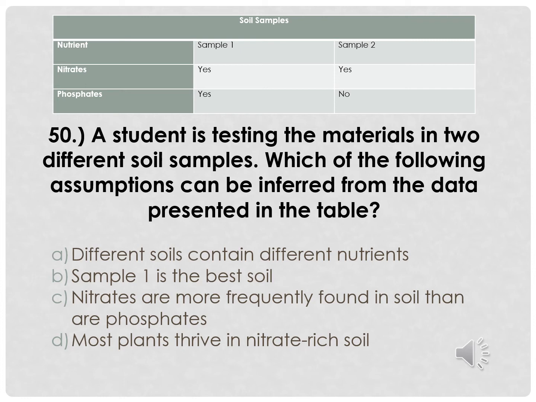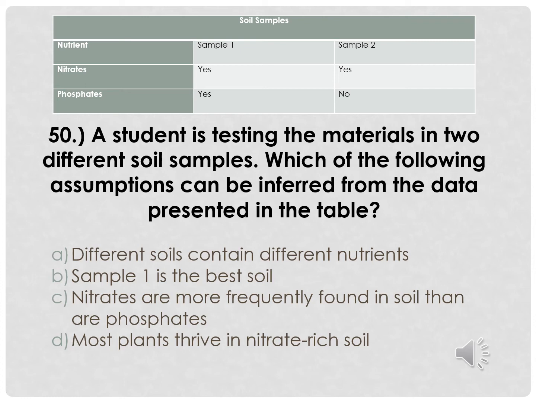We have option B, which says sample 1 is the best soil, which is completely subjective, so we know B cannot be the answer. C, nitrates are more frequently found in soil than are phosphates, which for this sample may seem to be true, but we only are looking at 2 samples. That is not a large enough sample size to infer an answer.